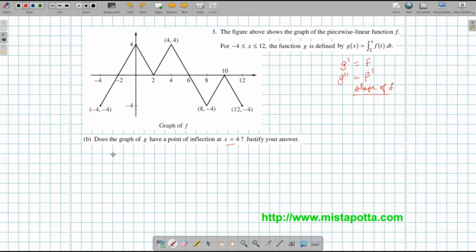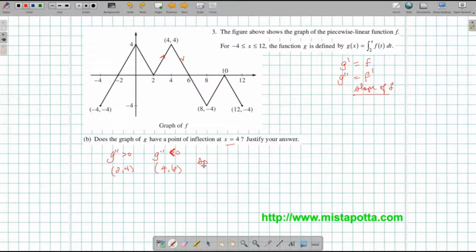Notice that g double prime is greater than 0 on the domain from 2 to 4, because my function is increasing on this domain. And g double prime is less than 0 on the domain from 4 to 6, because my graph is decreasing.